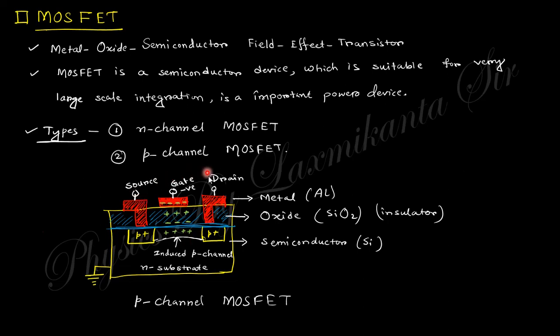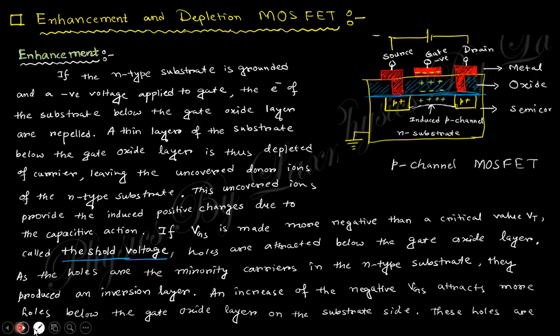Now, if you supply a voltage difference between the two terminals, plus and minus, the holes follow the current path. This induced charge actually flows as current. After a certain voltage is applied, holes are attracted below the gate.